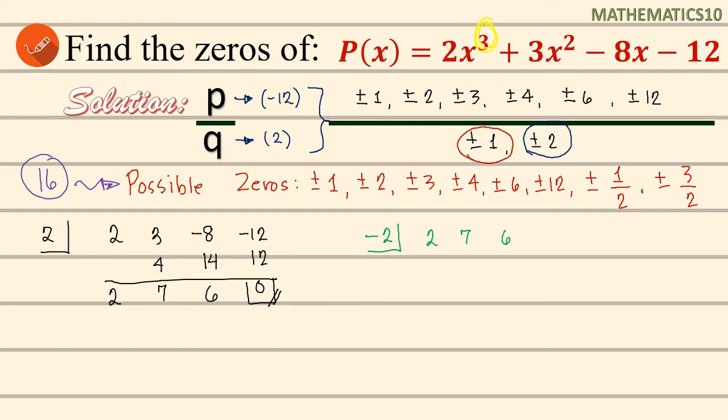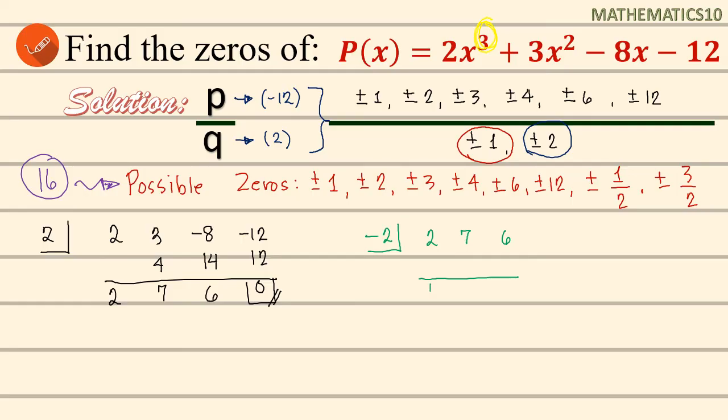But anyway, if you want to use the original coefficients coming from the given polynomial function, it's still okay because you will arrive at the same answer. But it is better if you use this simpler form, because it is easier to do the synthetic division with coefficients that are already of lower value.